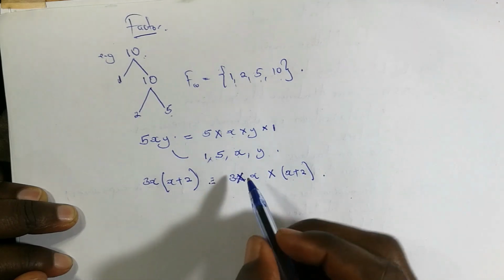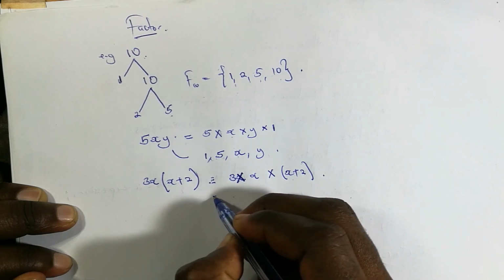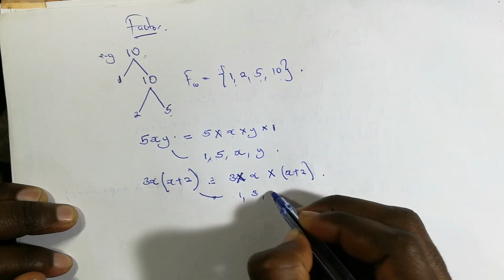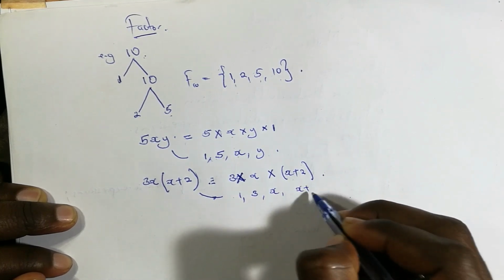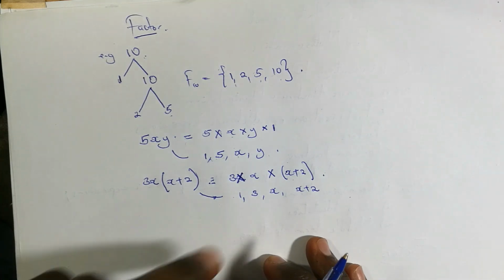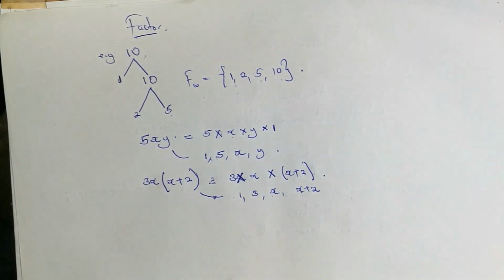Since 1 is a factor of every number, we have 1 first, we have 3, we have x, and we have x plus 2. You can also group these and say 3x and x plus 2.